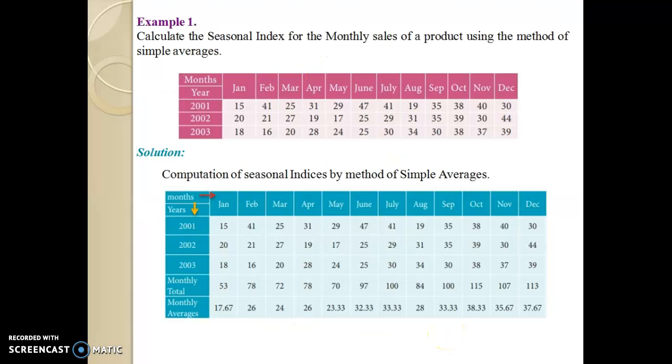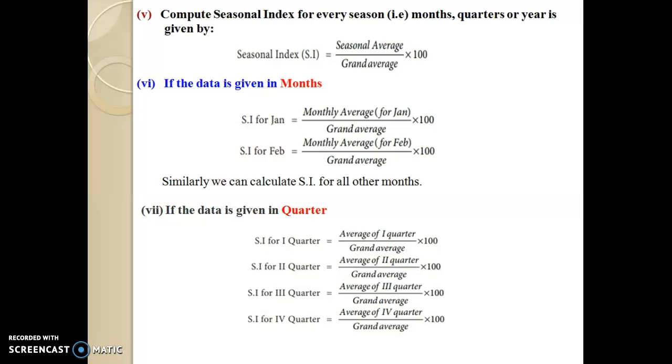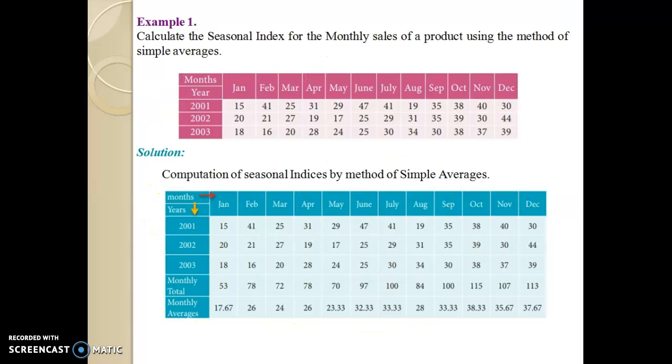These are the simple 6 to 7 steps. In your examination, a question may be asked: write a short note on the method of simple averages. You can just write these 6 to 7 steps. Keep these steps in your mind and we solve the example.